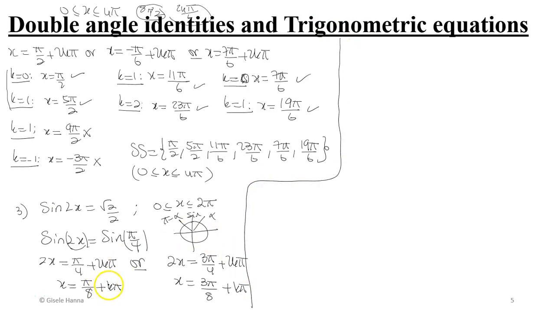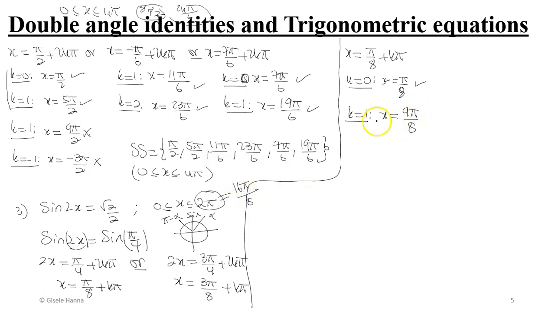So over here, for the first one, for different values of k, I have x to be pi over 8 plus k pi. I need to find the solutions in the given interval, 0 to 2 pi. So for k equals 0, x is pi over 8. That is accepted. Now for k equals 1, it's pi over 8 plus pi, which is 9 pi over 8. Now, if we look at 2 pi as a fraction with denominator 8, that is 16 pi over 8.